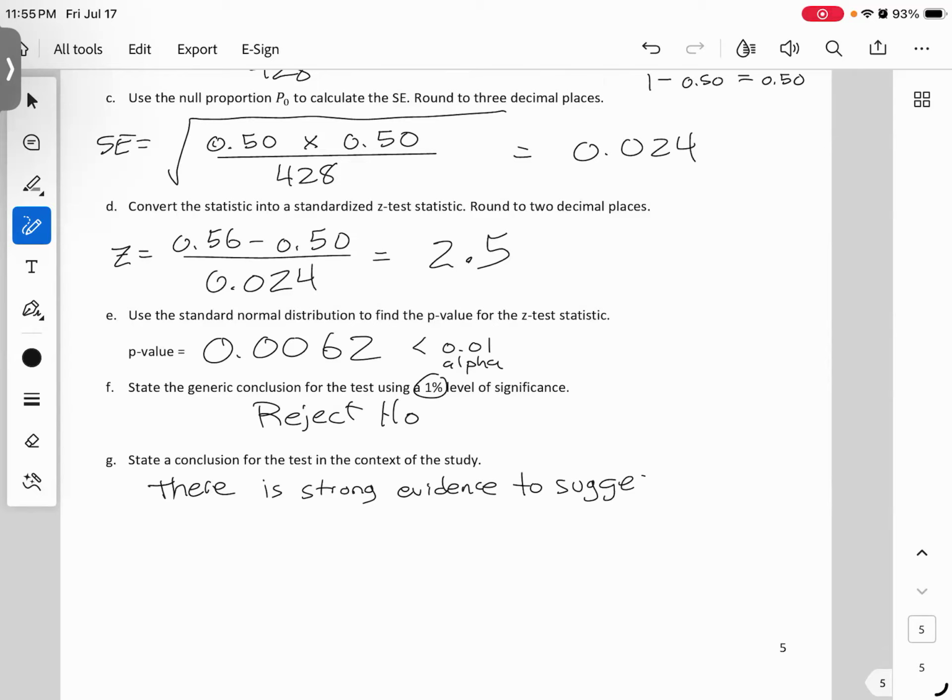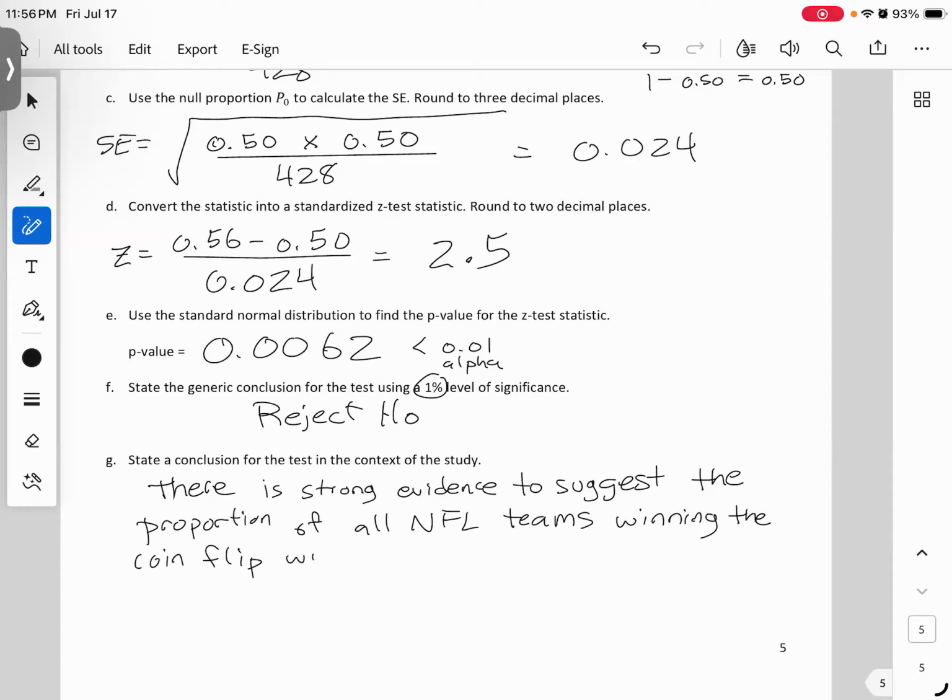So there is strong evidence that suggests that the proportion of all NFL teams that win the coin toss or the coin flip will win more than 50% of the time. Specifically the OT games, the overtime games.